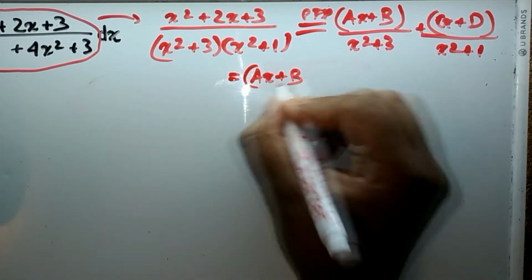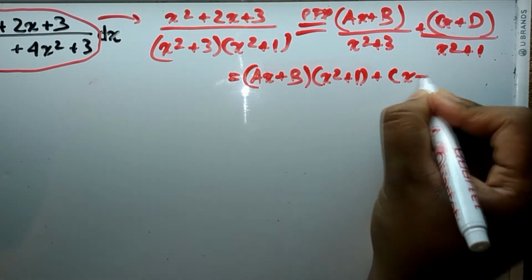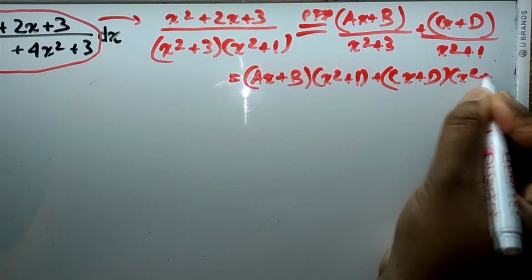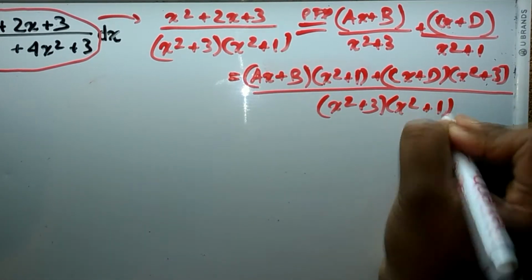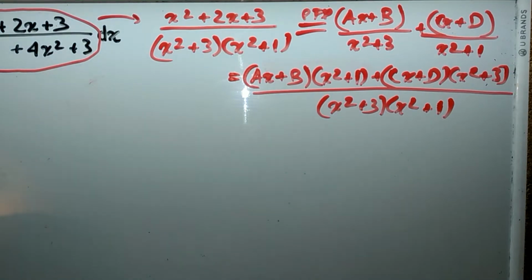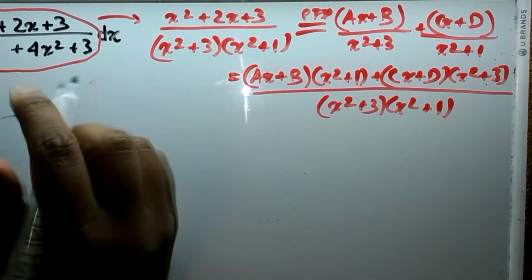Then we can cross multiply, so we get (ax plus b)(x squared plus 1) plus (cx plus d)(x squared plus 3), and then we can let the numerators equal each other.